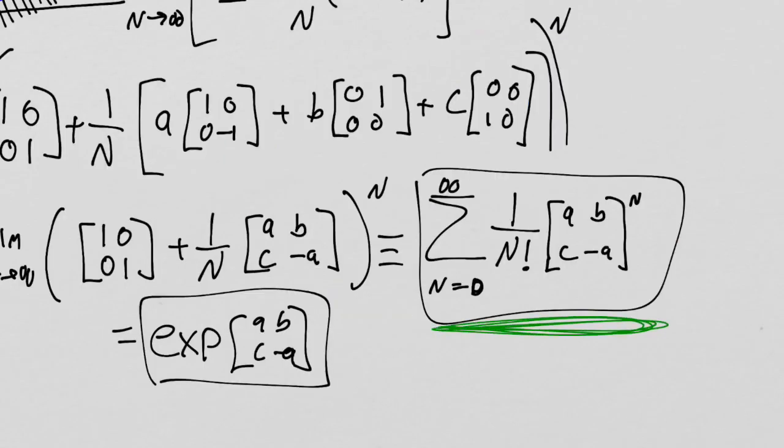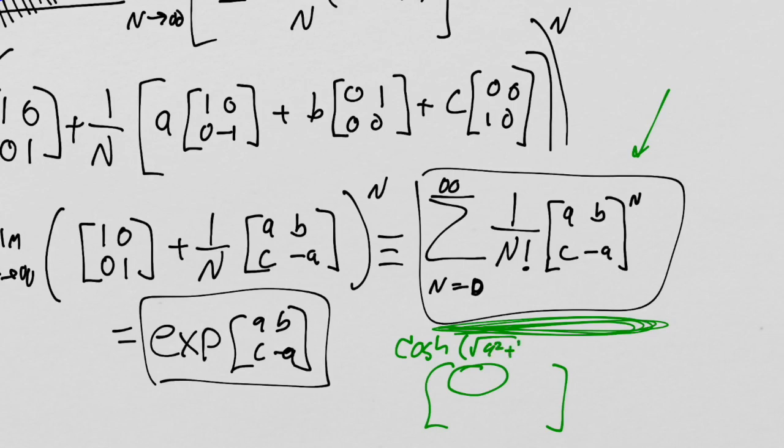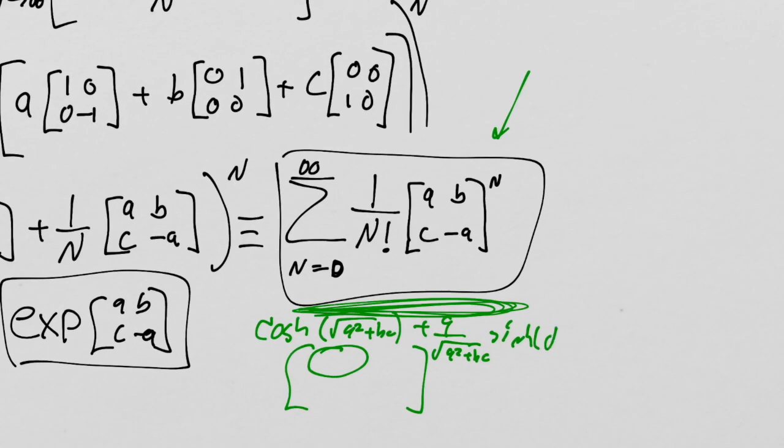This summation here. We figured out when you take this infinite sum, you're going to end up with a matrix, and that 1-1 term is going to be the hyperbolic cosine of the square root of a squared plus bc, plus a over the square root of a squared plus bc times the hyperbolic sine of the square root of a squared plus bc, right?